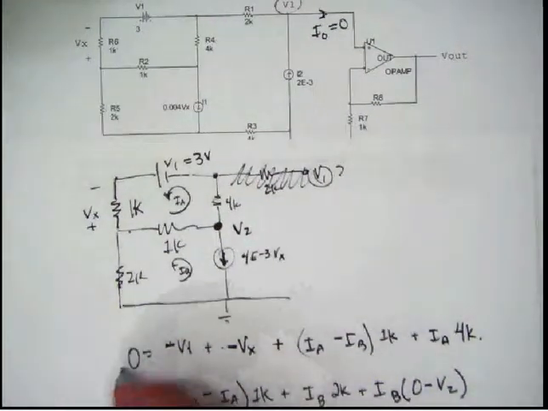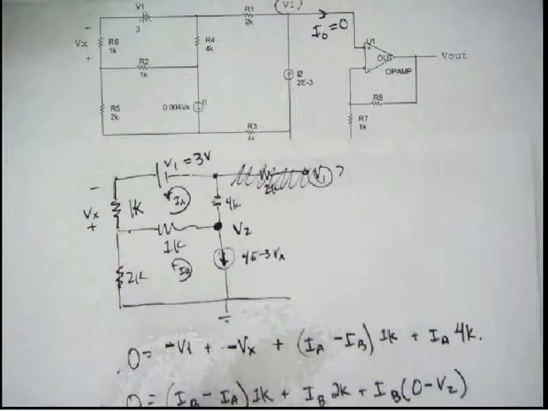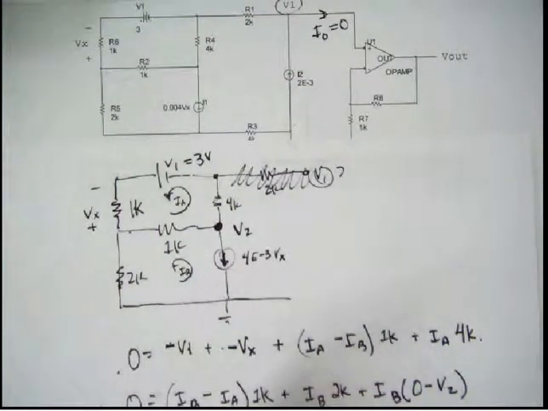So let's do that. Let's rewrite this top equation. We'll bring V1 over. V1 is equal to negative Vx, which is equal to IA 1k plus IA 1k minus IB 1k plus IA 4k.